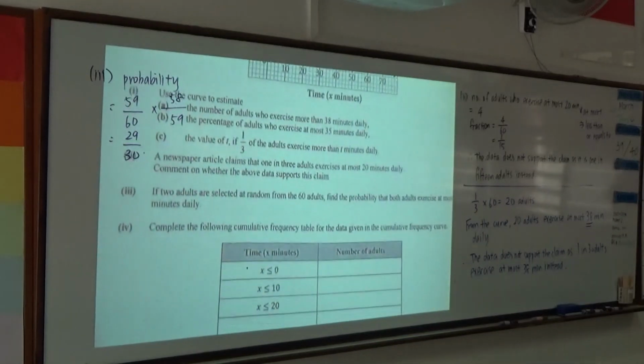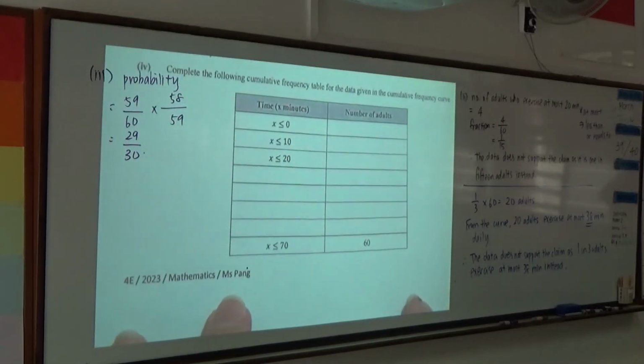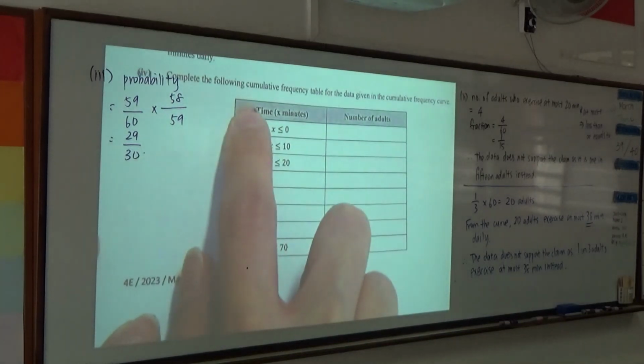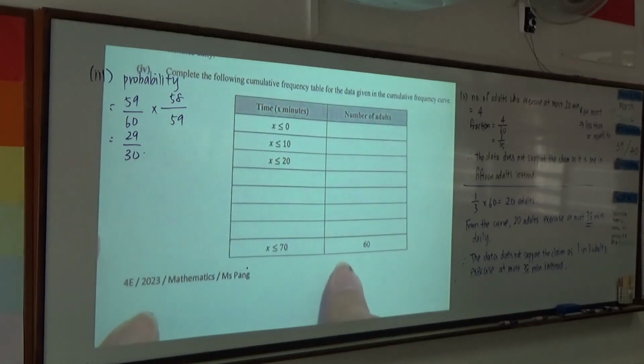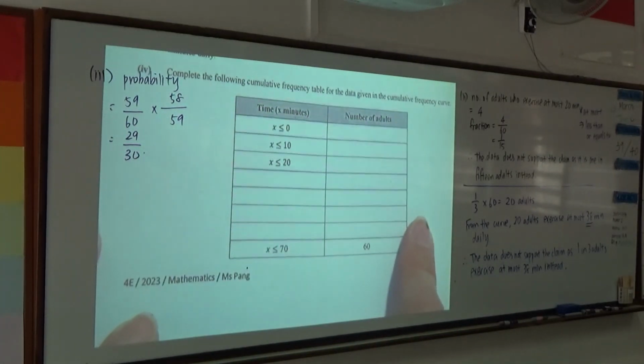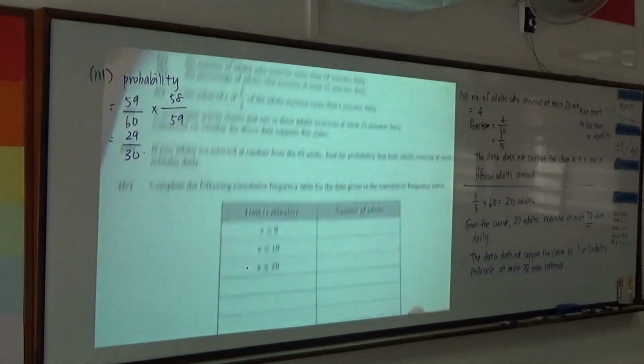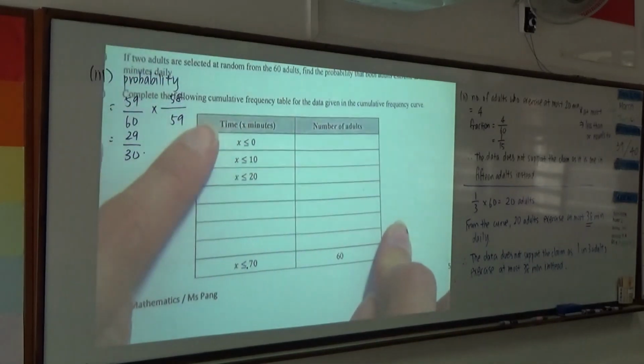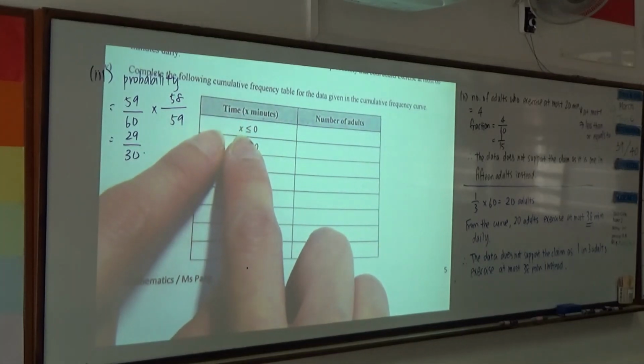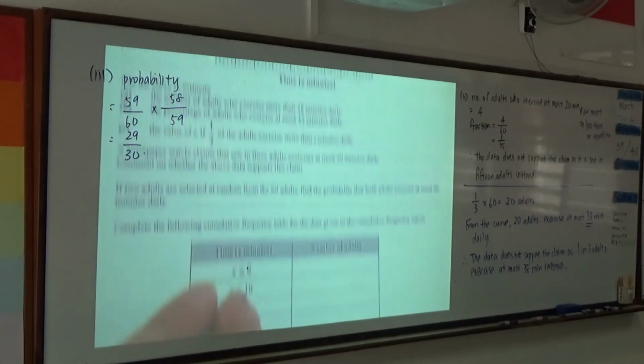Okay, so in part 4, it says complete the following cumulative frequency table for the data given in this cumulative frequency curve. So how we go about translating the curve information into this is that for the first interval, we have x less than or equal to 0.